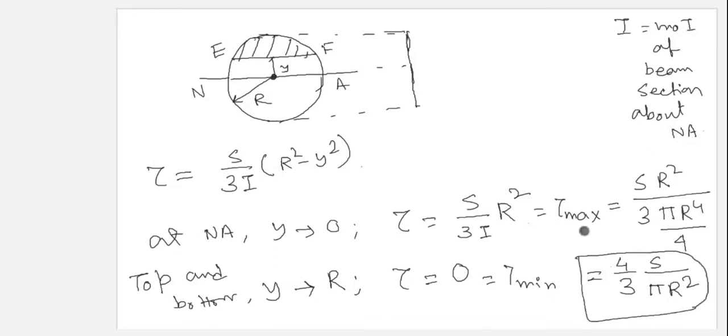So this is the tau max, 4 by 3 into S by pi r². This is the maximum value, happening at the neutral axis. The values at the top and the bottom are 0, minimum.